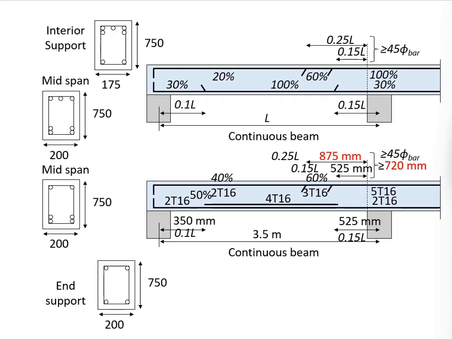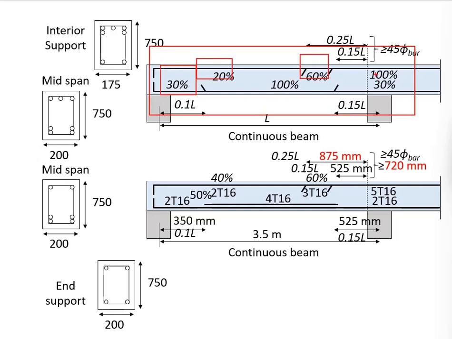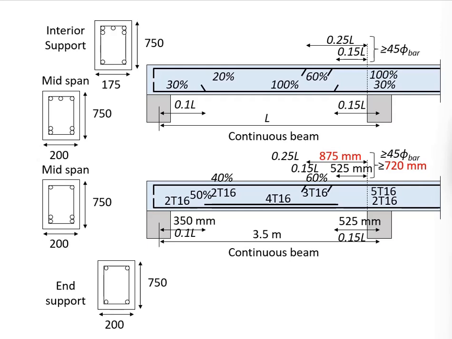As you can see here, the final layout of the reinforcement bar very often does not comply fully with the percentage of the reinforcement bar as indicated here. And because of the conversion issues between SI units and imperial units, sometimes we need to do some rounding up and rounding down.